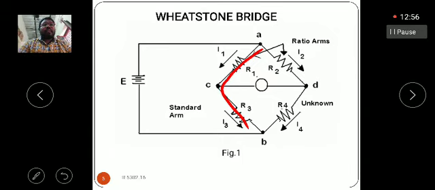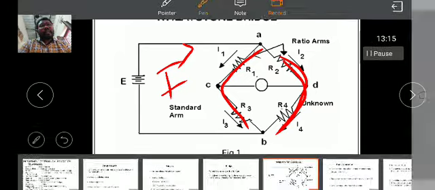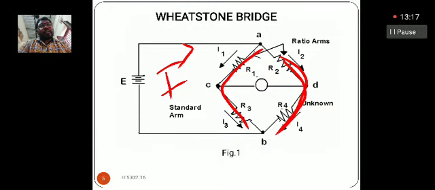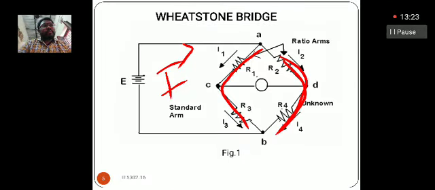If the galvanometer current is equal to 0, resistors R2 and R4 are also in series, because the current passing through these two is the same. Here the total current I is divided into I1 and I2.